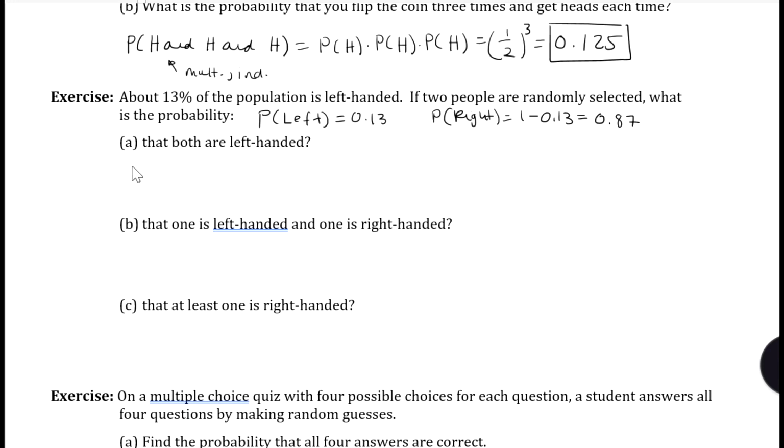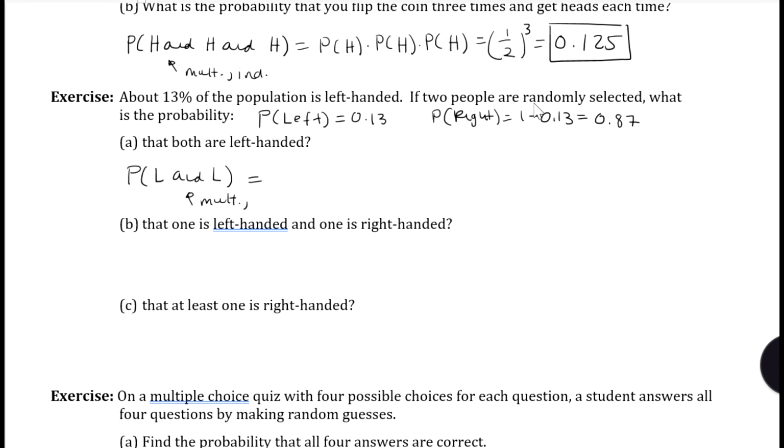Okay, so probability that both are left-handed is probability that we have left and left. Again, we have an "and," so we're going to have a multiplication rule. And then you've got to think about if these are going to be independent events or not. So if you choose one person who's left-handed, is that going to influence the probability of choosing the next person who's left-handed?